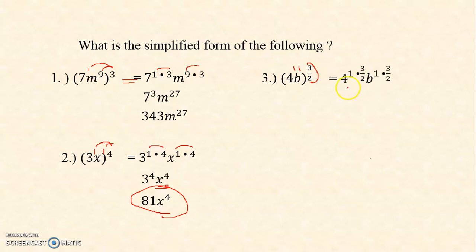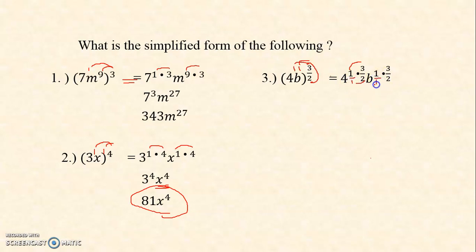So you now have 4, the exponent is 1 times the power 3 over 2. B, the exponent is 1 multiplied by 3 over 2. Okay, in multiplying fractions, always remember, multiply the numerator by the numerator and the denominator by the denominator. The denominator of 1 is 1.